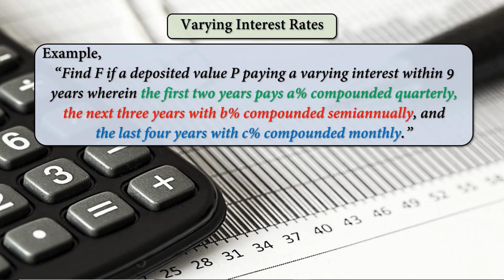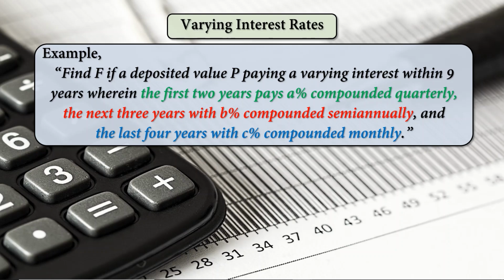So for example, may isa tayong situation dito, finding F, if a deposited value P paying a varying interest within 9 years, where in the first 2 years pays A% compounded quarterly, the next 3 years with B% compounded semi-annually, and the last 4 years with C% compounded monthly.